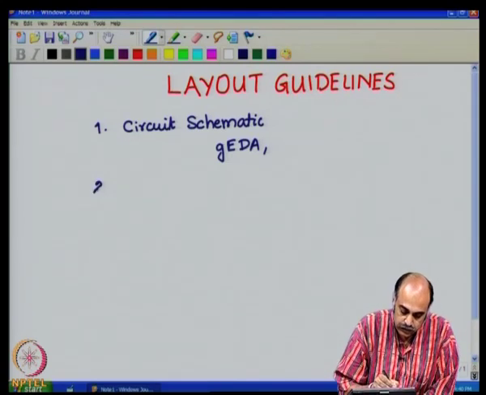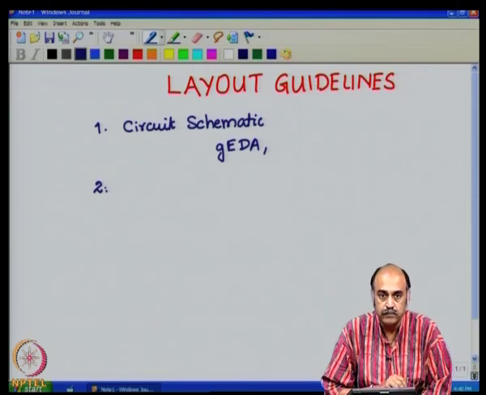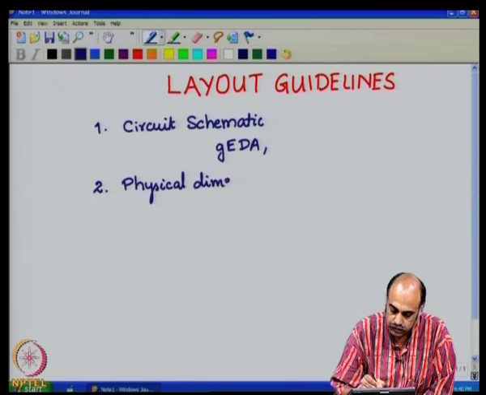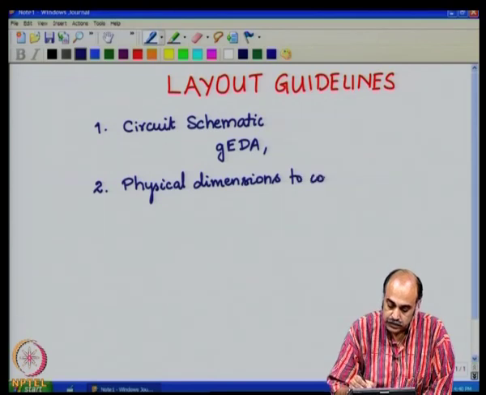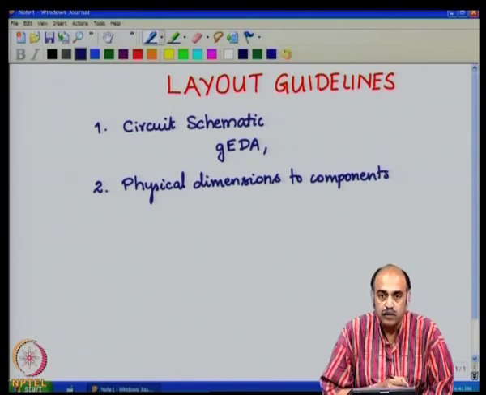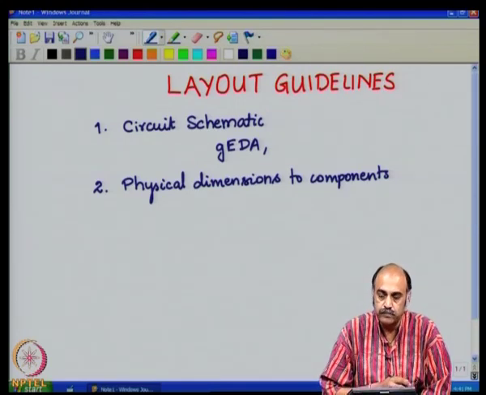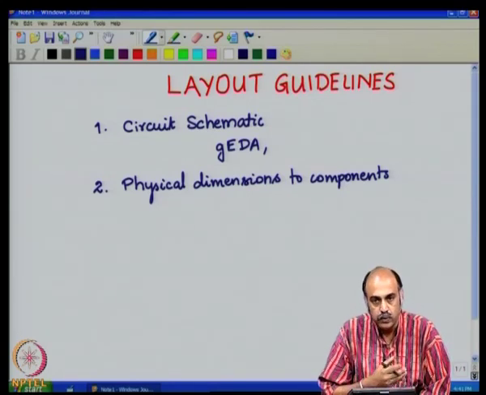Then after you have taken in the schematic, you will have to give the physical dimensions to the components. So, you need to fix these physical dimensions by way of footprints or footprint symbols. Footprints basically map the electronic symbol or the electrical symbol to a physical symbol.